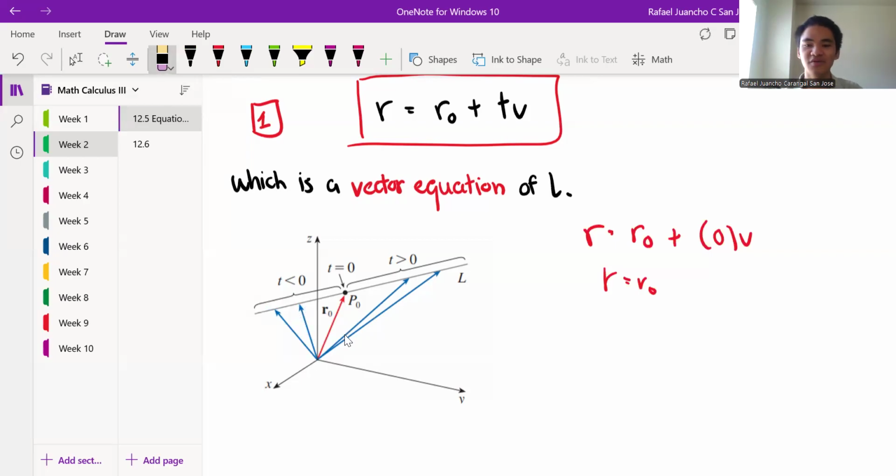And if we keep plugging in all of those values, we basically get this thing, which is a line. So that's how we're gonna get the equation of a line in 3D using a vector equation. That's my understanding of it, but you guys can correct me.